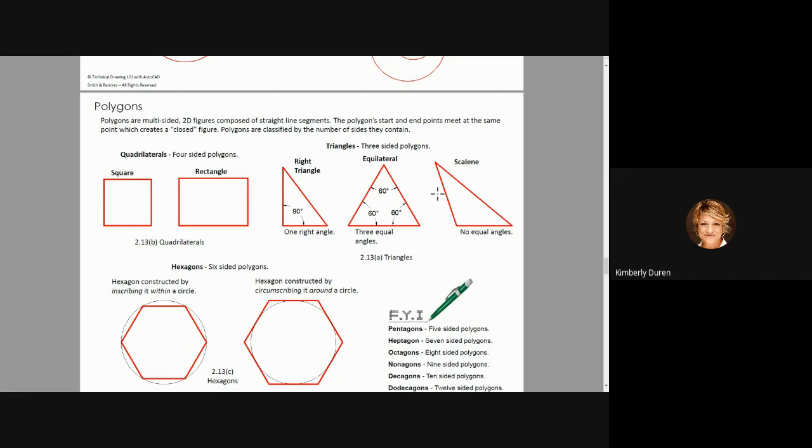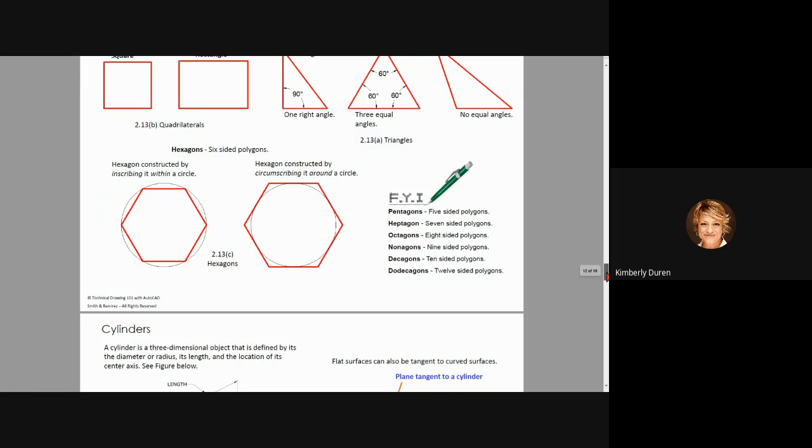And I'm going to tell you in a minute why we're even talking about this. But if you had a polygon that has 6 sides, a hexagon, it's like a bolt. I'm just going to tell you this because I'm a mechanical person.